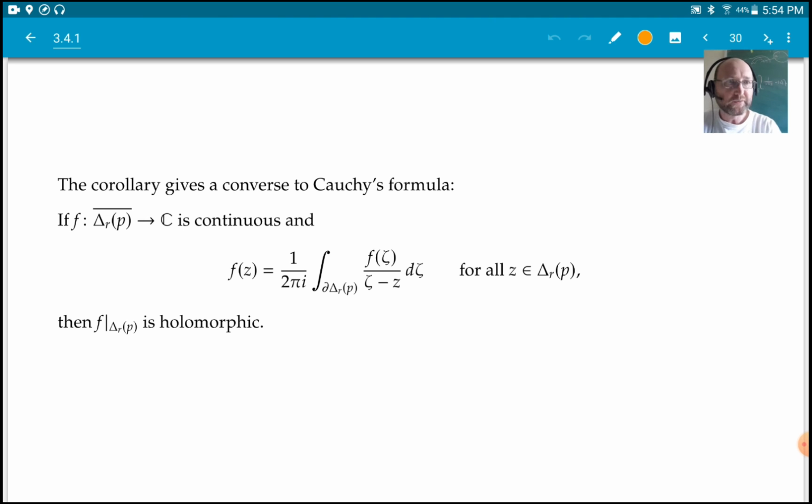Well, why? We get that this guy is just the Cauchy transform of little f restricted to the boundary, so that guy is holomorphic. And now we're assuming that it equals f. So then we get that f is holomorphic. So Cauchy's formula is really an if and only if. If Cauchy's formula works, then you get a holomorphic function. That's not really that exciting, but that's basically what we prove.